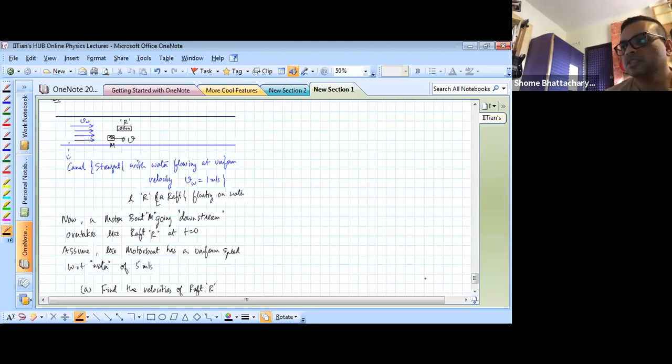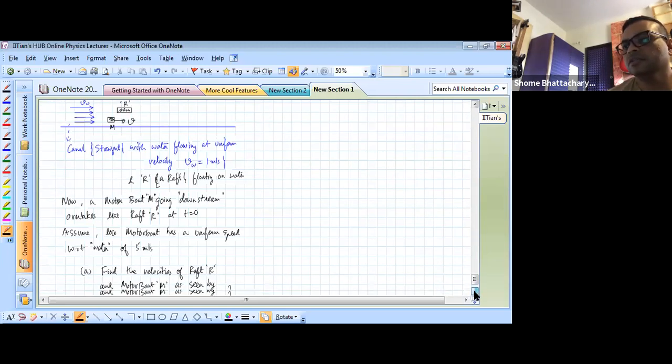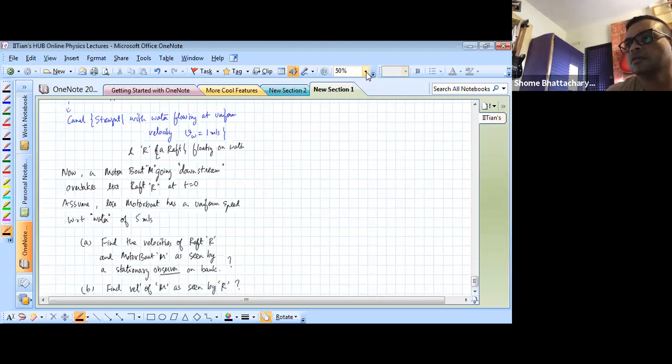No, see, the thing is, here what is happening, the motorboat's velocity, okay, first take down the question. Acceleration is 0 because everything is at a uniform speed of this much, and the water is also flowing at a uniform rate.